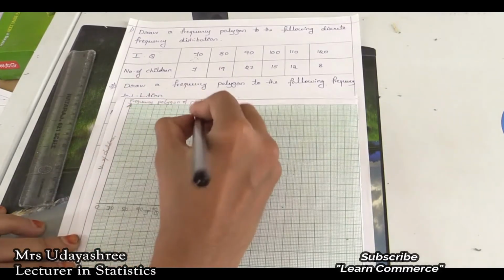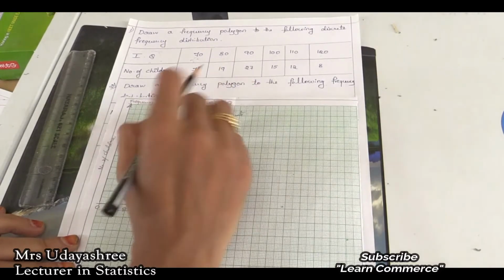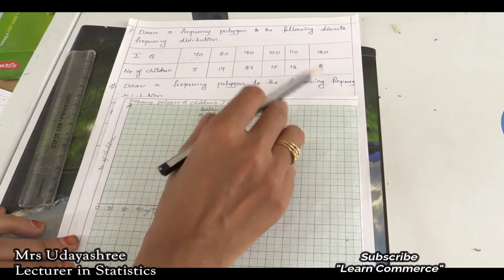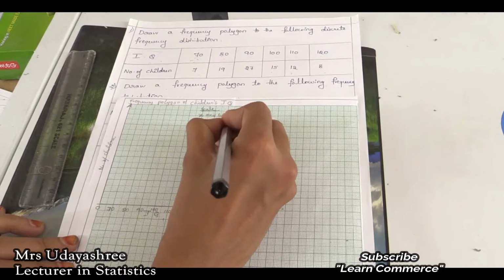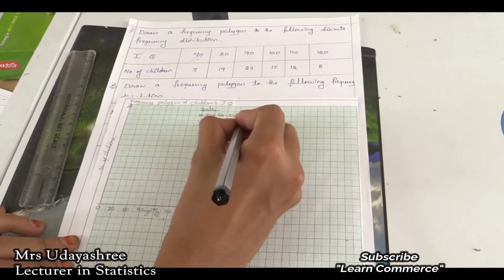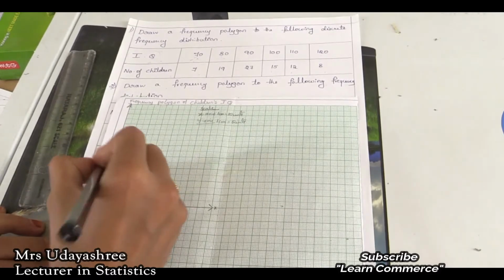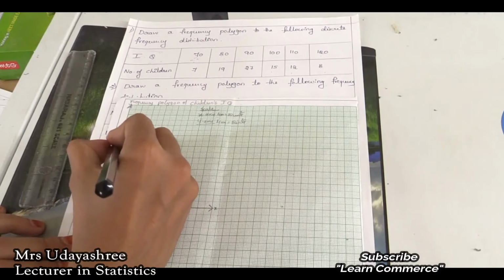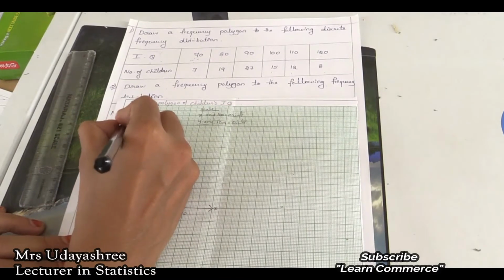Next, for the y-axis, see the observations: 7, 19, 27, 15, 12 and 8. A suitable scale for the y-axis is 1 centimeter equal to 5 units. So it is 5, 10, 15, 20, 25, 30, 35.